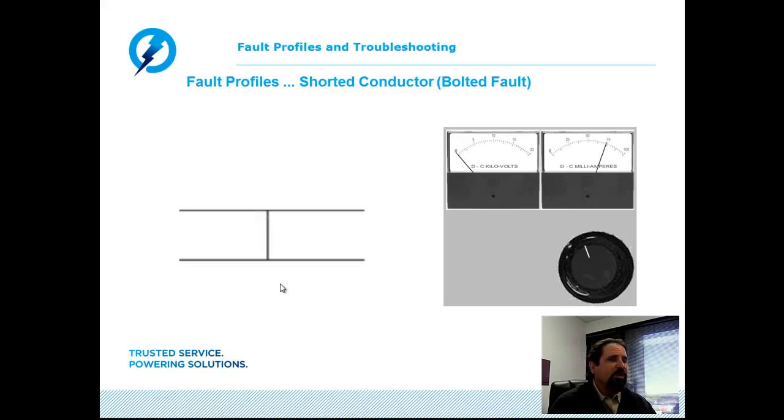Now, if we're measuring with a standard multimeter ohm meter, and we're measuring virtually 0 ohms or 200 ohms or less, chances are we will be able to see this type of fault using just the pulse echo technique.